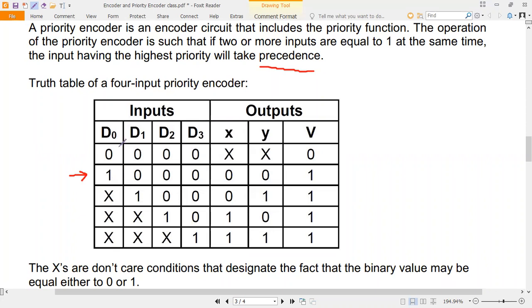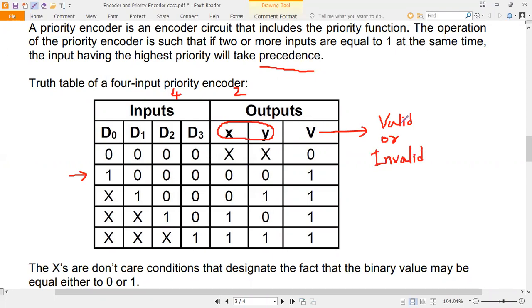D0 equal to 1. So we are going to get 0, 0 as the binary output. So here this is a 4:2 encoder. So 4 inputs, 2 outputs. These are the 2 outputs, right? XY is the output, and V states valid input or invalid input.